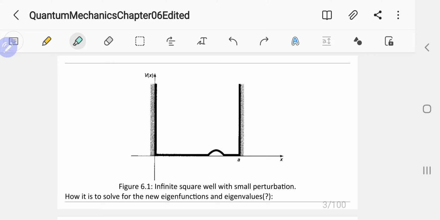So how do we solve for the new eigenfunctions and eigenvalues? Because definitely the energy of the system will have to be altered because of this perturbation, and precisely we have altered the Hamiltonian.